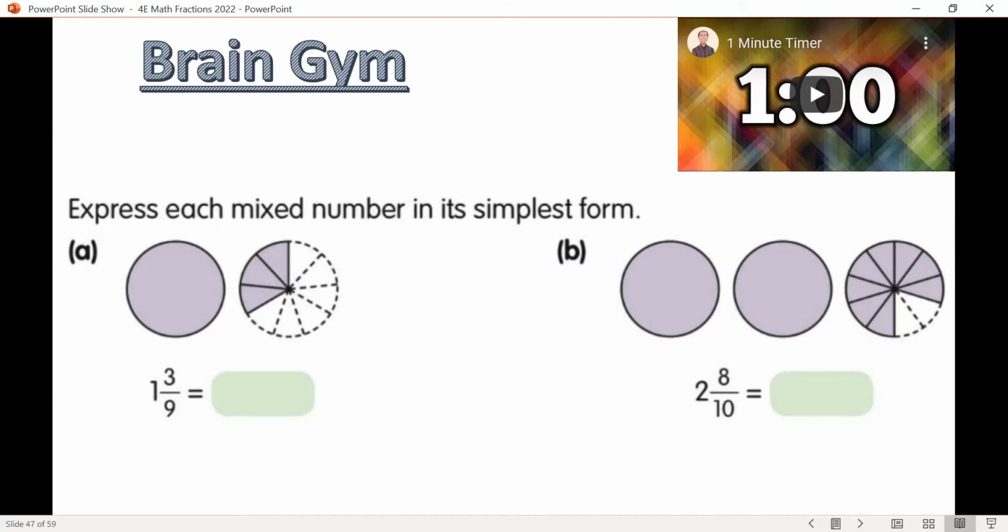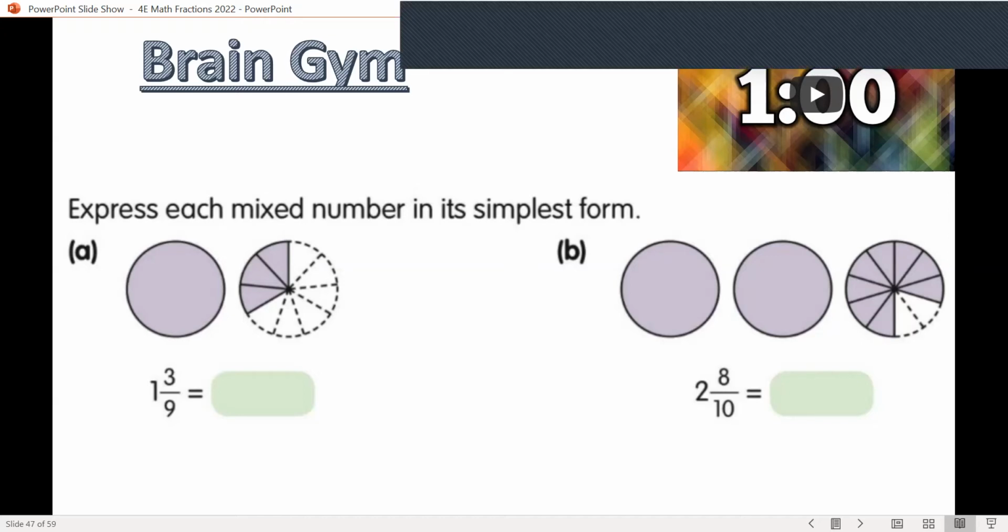Was it okay? What is 1 3/9 in the simplest form? 1 1/3. Okay, very good. How about 2 8/10? 2 4/5. Very good. Let's really practice saying the fraction accurately.